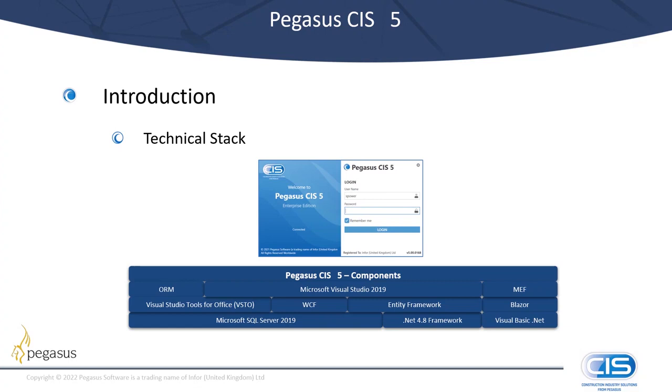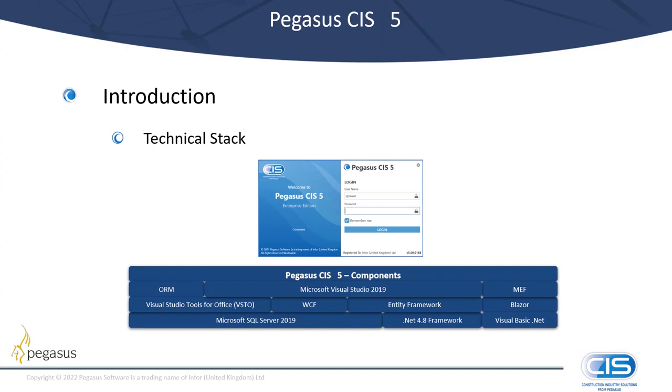So the first item you'll see on this technical stack for Pegasus CIS5 is that we're using Microsoft SQL Server 2019. I've also listed here some of the other key elements to the technical stack for Pegasus CIS5, and they include things such as .NET 4.8 framework, Visual Basic .NET as the programming language. We're using Visual Studio Tools for Office, Entity Framework.